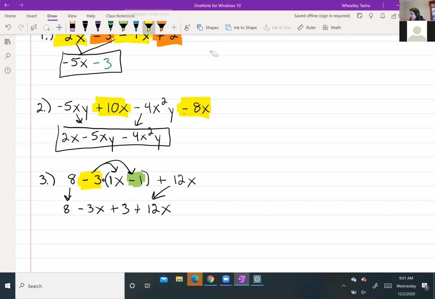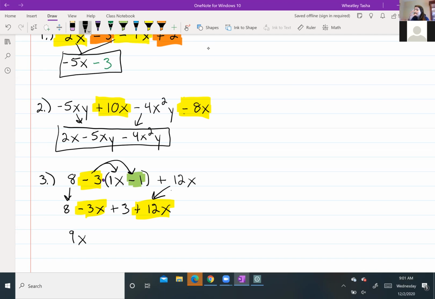So if you said that we are allowed to combine -3x with +12x, that is correct. If we do that, check your math, it should leave you with a +9x. Keeping in mind, you can check that on a calculator. So 9x.